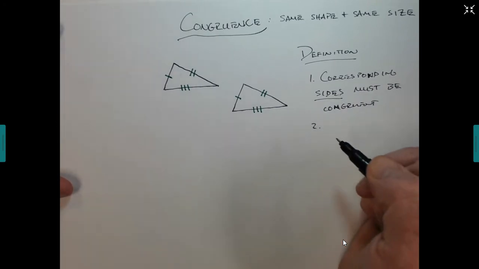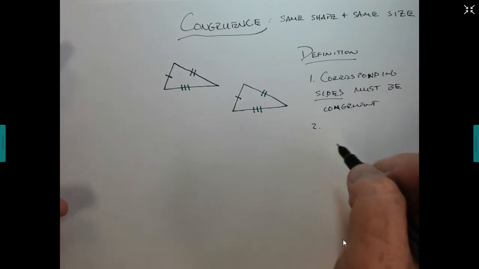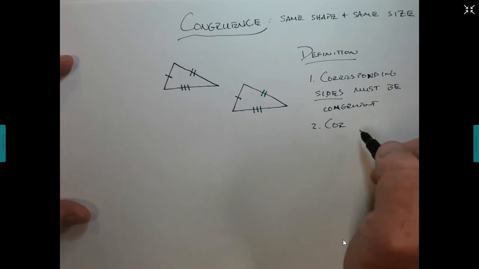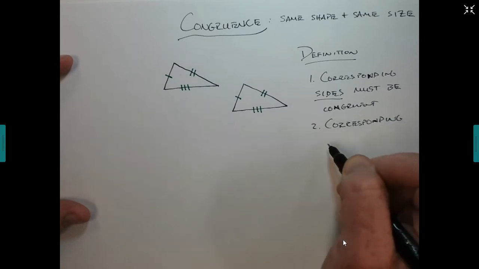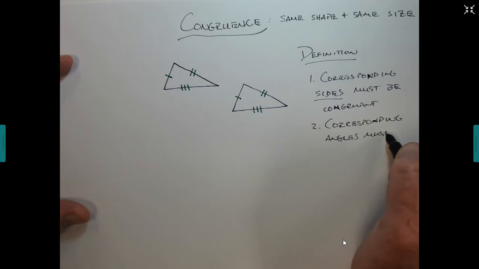Well, there's two main parts of polygons, that's sides and angles. Well, in order to truly be congruent, the corresponding angles must be congruent.